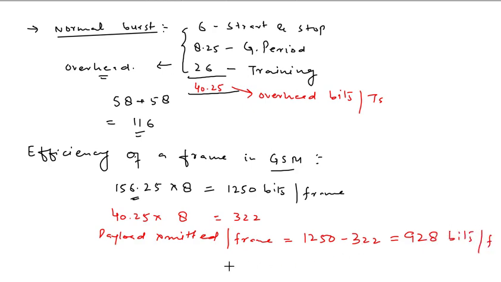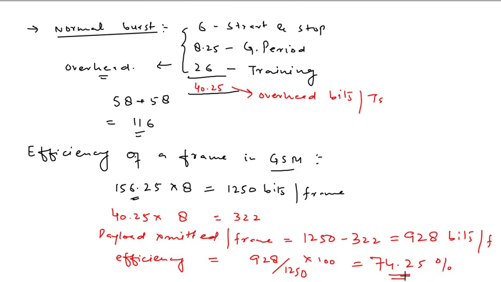Now when we have to find the efficiency of a frame, efficiency is given by 928 divided by 1250, that is the total transmitted bits, into 100. After solving this we will get 74.24. 74.24% is the efficiency of a frame.